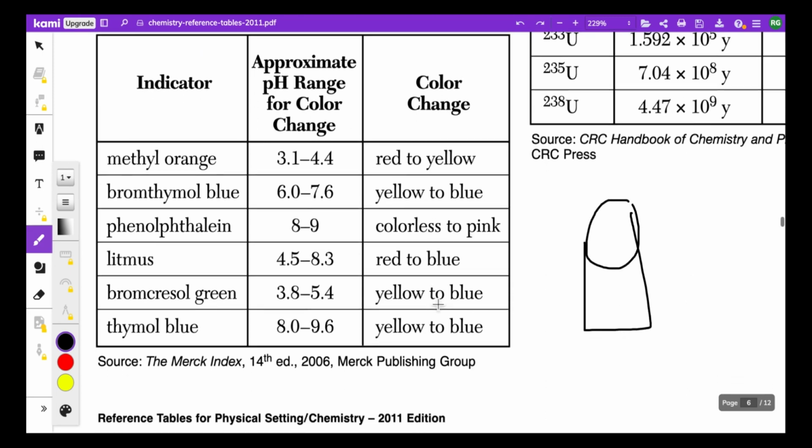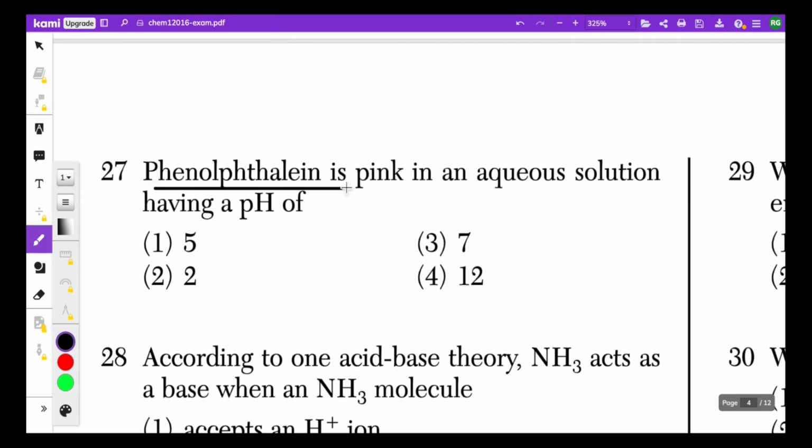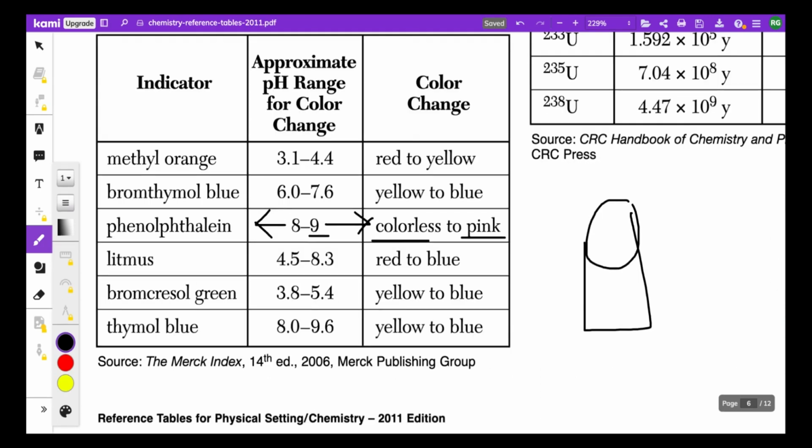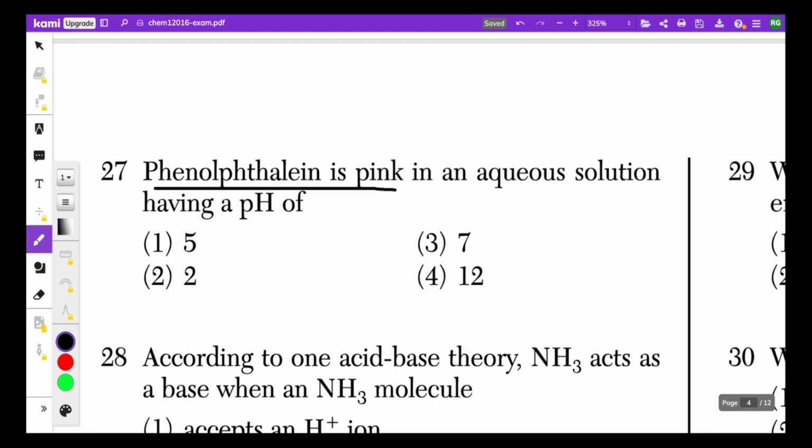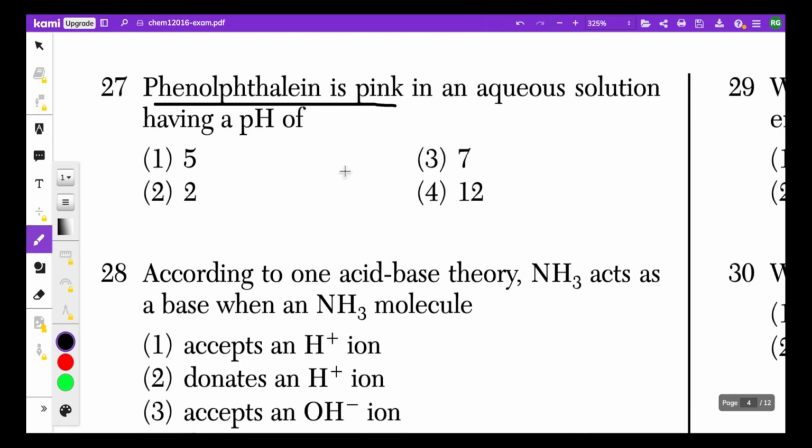Now, phenolphthalein is going to be pink when it has a pH above 9, and it's going to be colorless when it has a pH below 8. Now, you're looking for phenolphthalein when it's pink. So phenolphthalein is pink when you're above a pH of 9, which means that what number here is above 9? 14.